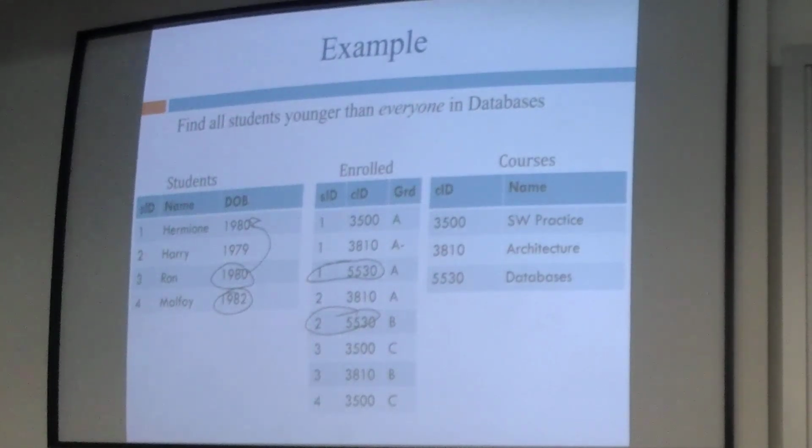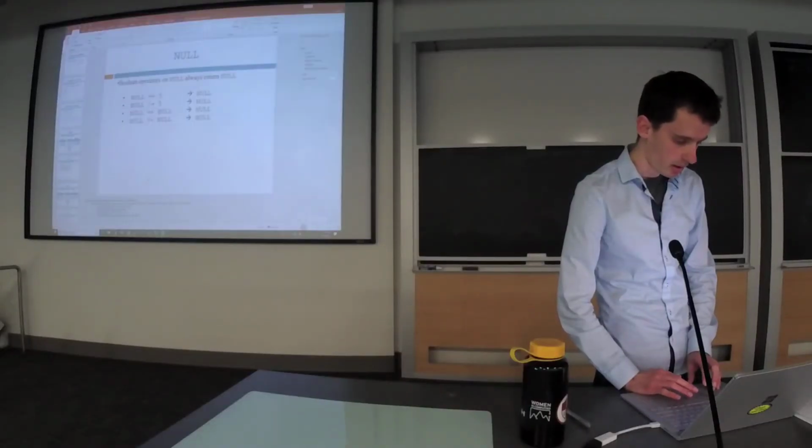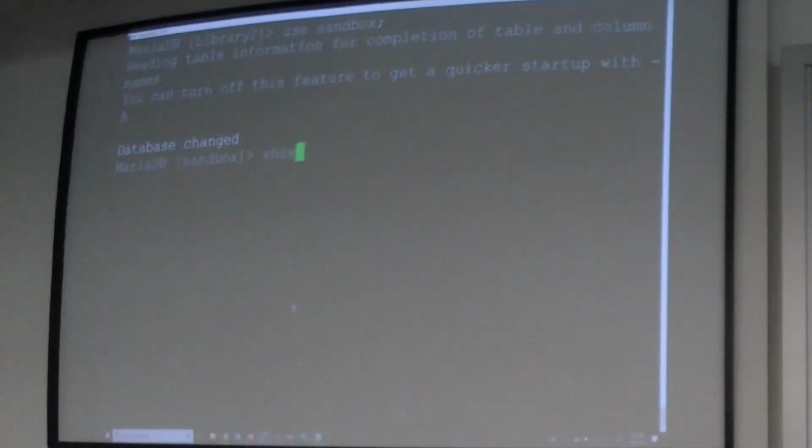How do we find all students younger than everyone in databases? Let's build this query up. I'm going to start with select. I have to switch over to a different database. There are enrolled, students and courses.